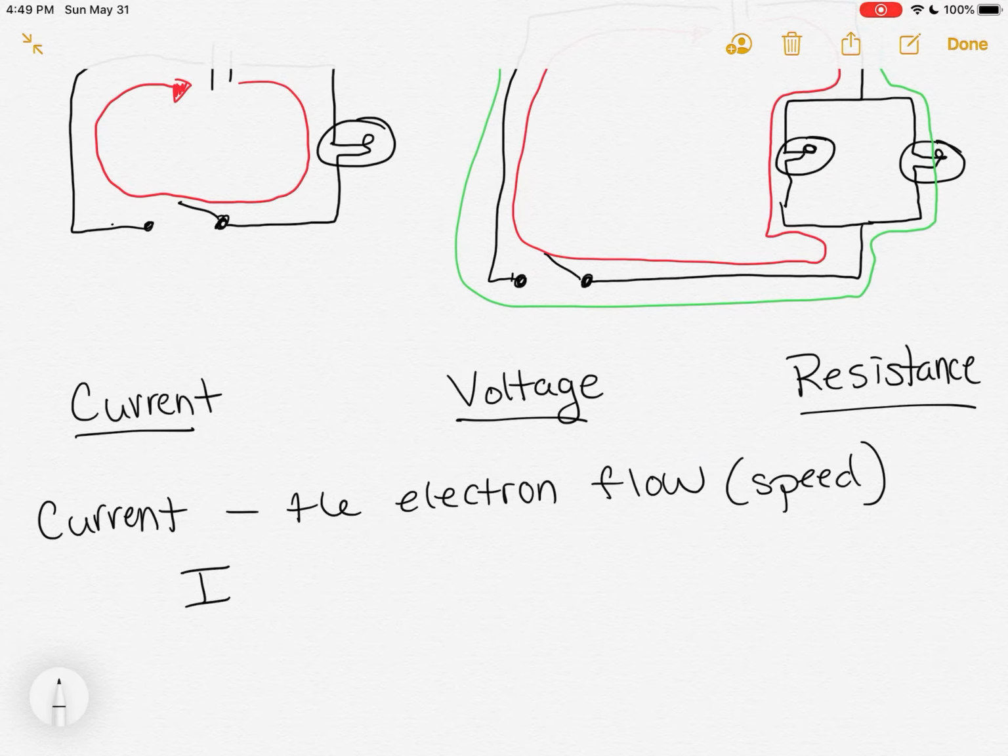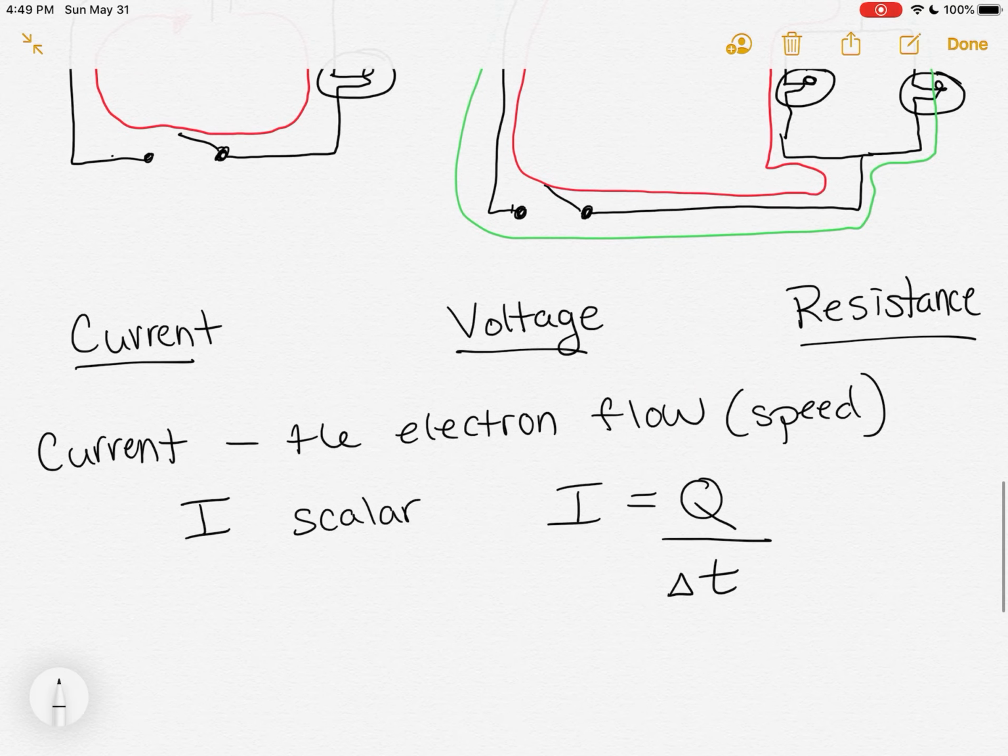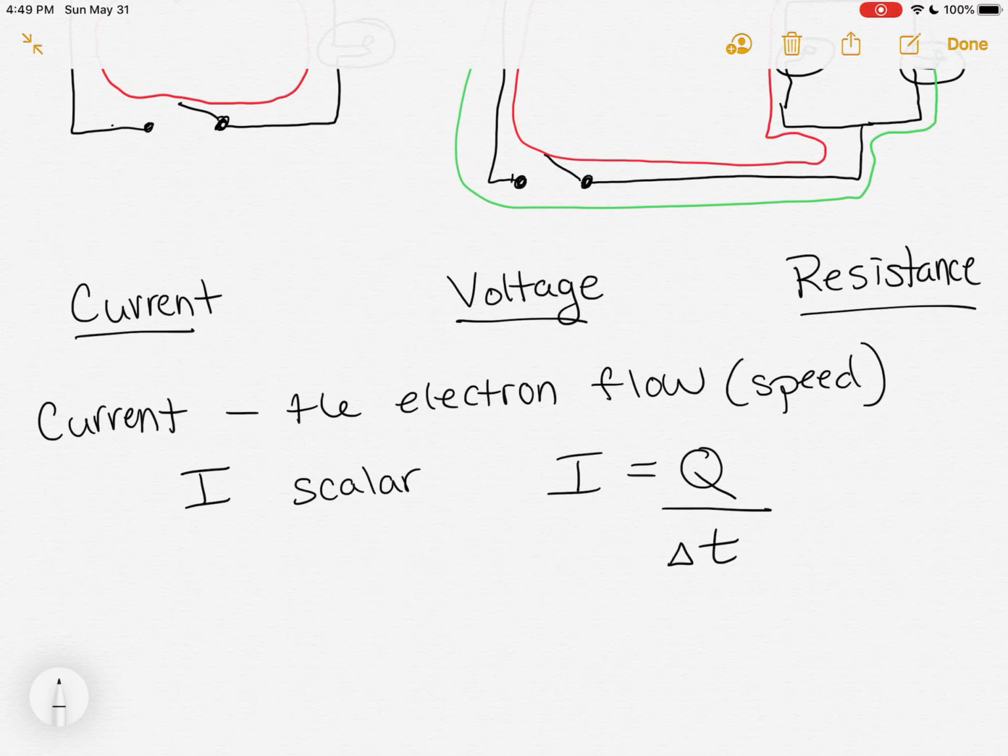Okay, current is brought to you by the letter I, and it is a scalar quantity. Okay, and we can actually calculate current by using charge divided by time. Okay, so this is amount of charge. We know that that's what Q represents. And then we know that delta t is time, or change in time.